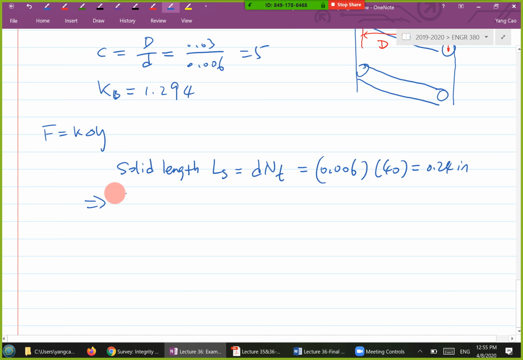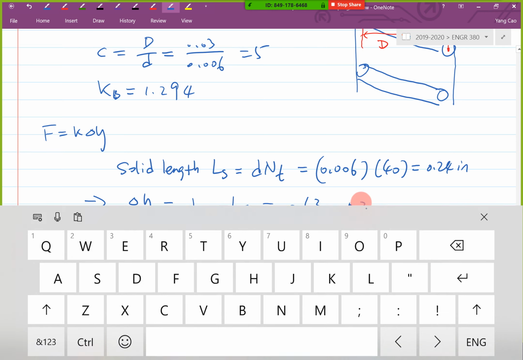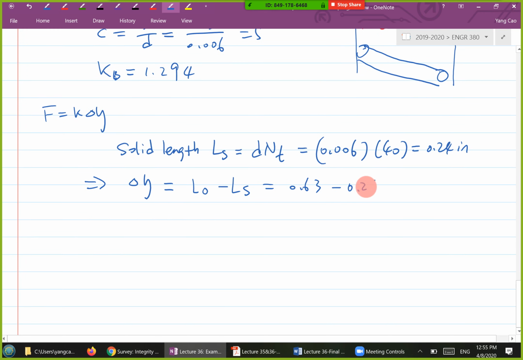So now you have your deflection, which is the free length minus the solid length, so 0.63 minus 0.24, 0.39 inch.